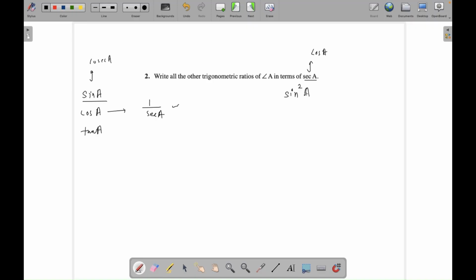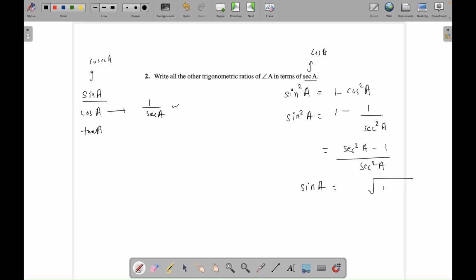So we can write sin square A is equal to 1 minus cos square A. So sin square A is equal to 1 minus 1 upon sec square A, and this is equal to (sec square A minus 1) upon sec square A. So sin A becomes root over (sec square A minus 1) upon sec A. This is plus minus.